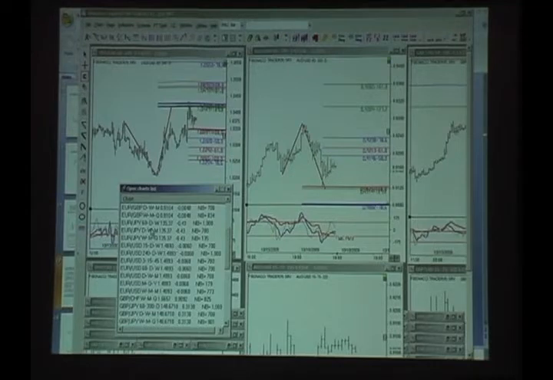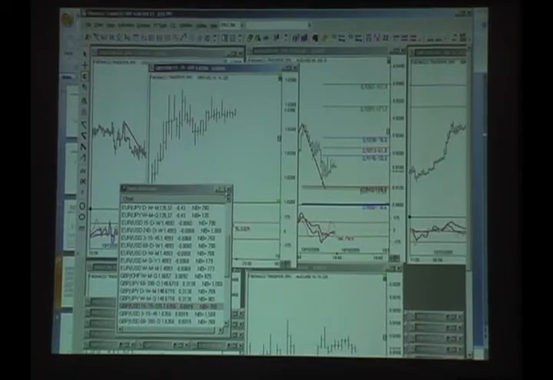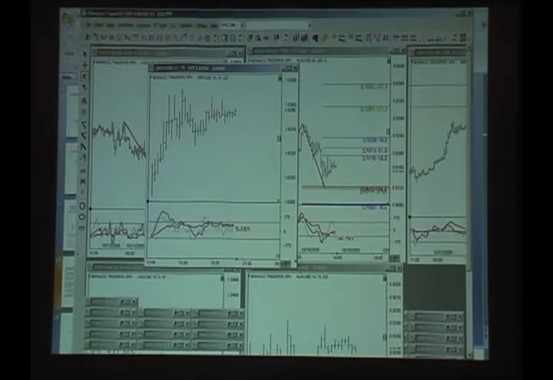Okay, 30, 15, eeny, meeny, miny, mo. Let's go with 15 because it averages that out somehow. I just made that up. I happen to have open right now 15 and 3 and 60 and daily and so on. I just wanted it to be an interesting time frame for you guys.